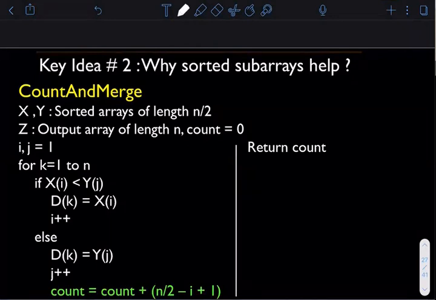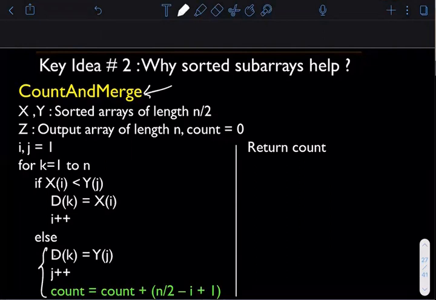So this is just to show how to modify the merge procedure. So instead of merge, I now call this count and merge, and it's everything that merge is doing. The only difference is when we are in the second case of merge, what is the case?